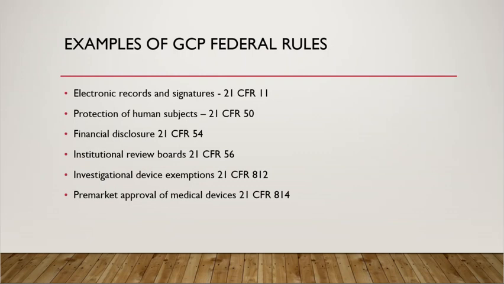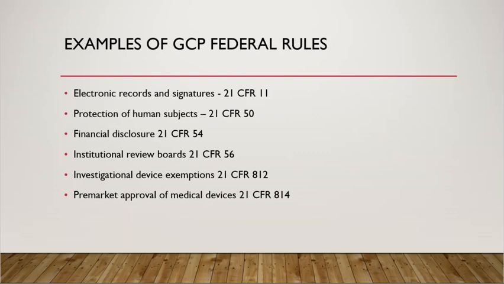So let's talk a little bit about some examples of those federal rules. And I've got a resource for you in the Blackboard materials that's more in-depth than this, but these are just examples of some of the federal rules.